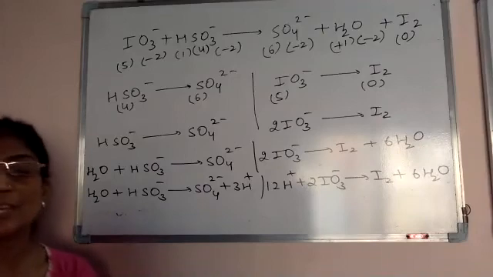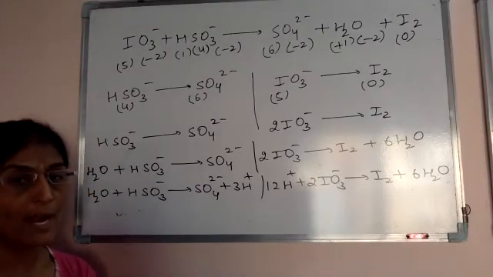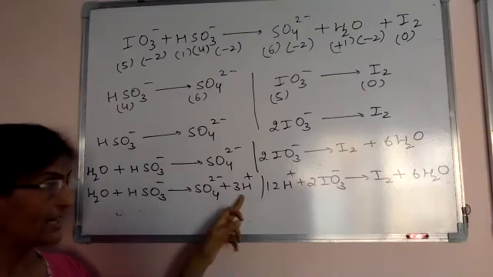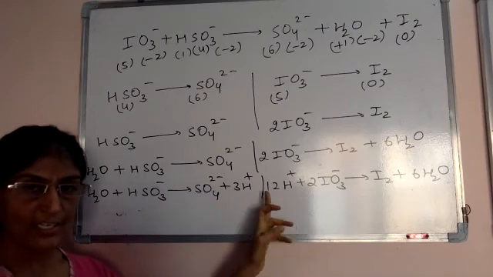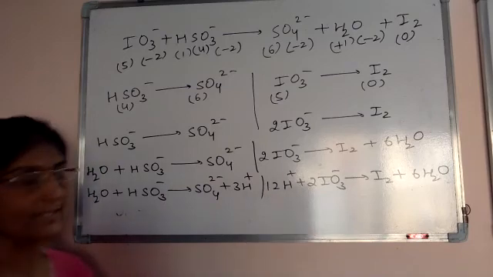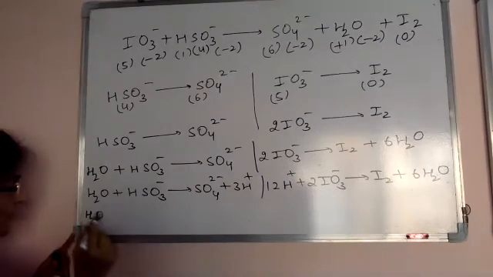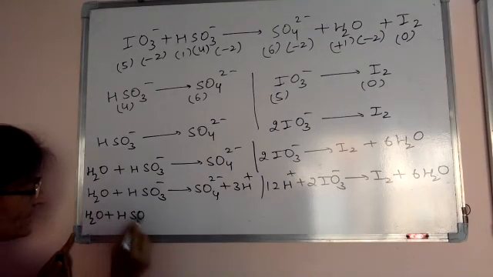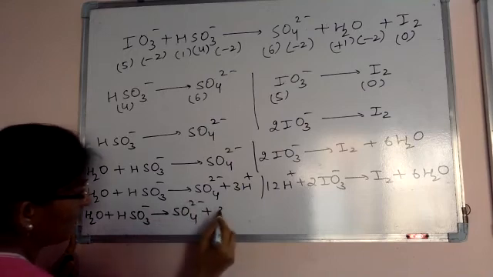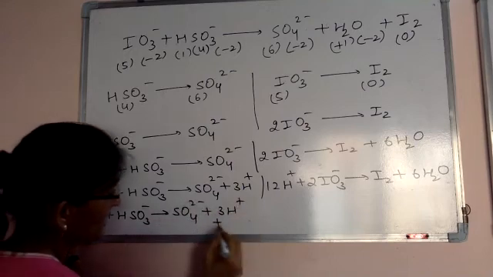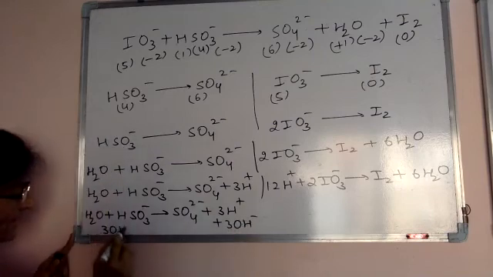Now as this reaction is in basic medium, what we have to do? Equal number of OH minus you have to add both the sides. जैसे 3H plus इधर है तो 3OH minus दोनों side. 12H plus here है तो 12OH minus both the sides. So करो add. This is H2O, HSO3 minus gives SO4 2 minus. यहाँ पे 3H plus है, आपको 3OH minus ऐड करना है, दोनों साइड ऐड करना है. इस साइड किया, इस साइड भी ऐड करना है.